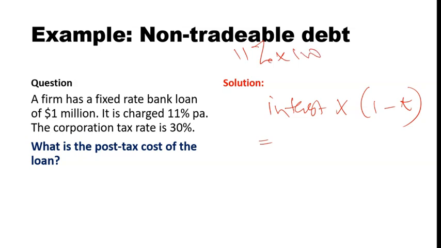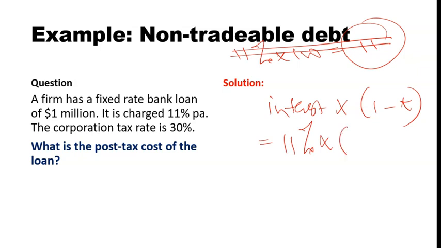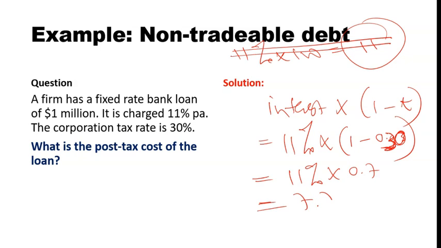If you want to get the amount they are paying, it is $11. However, this is not what is required. What is required is just the cost of the debt. So you simply have to say 11% multiplied by 1 minus 0.30, and that's 11% multiplied by 0.7, and this is going to be 7.7%.